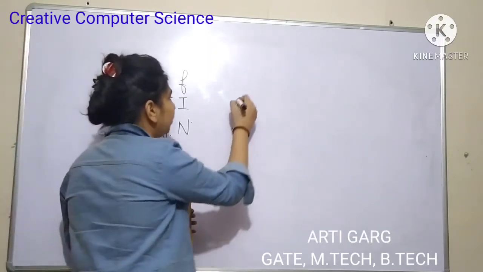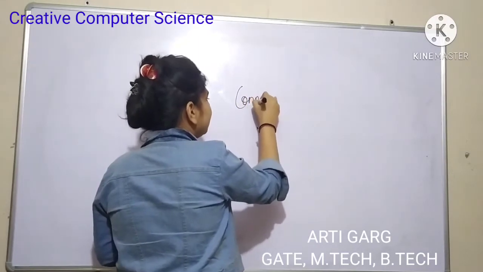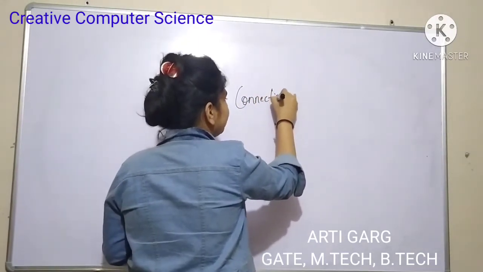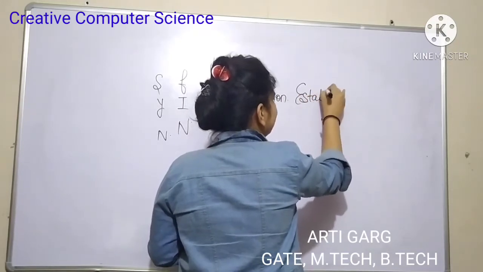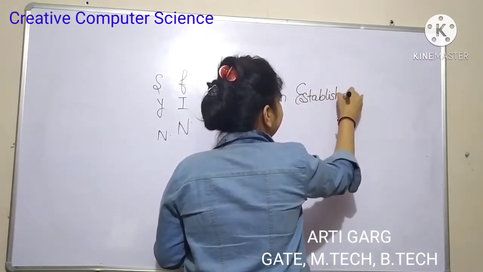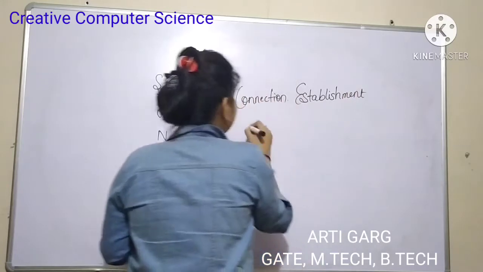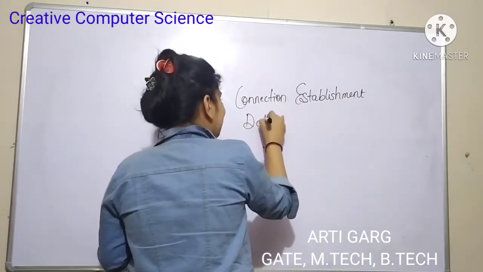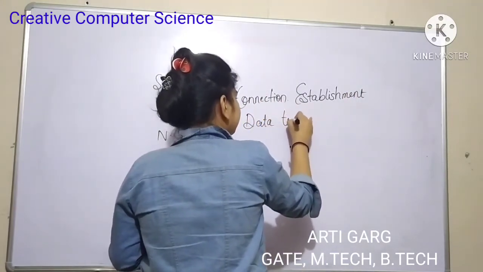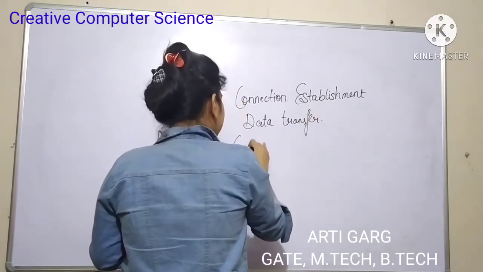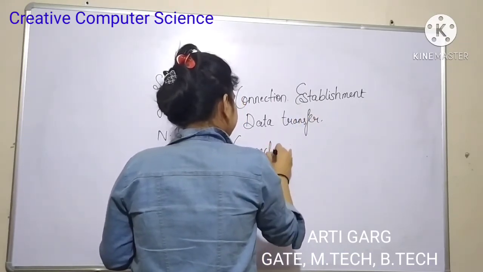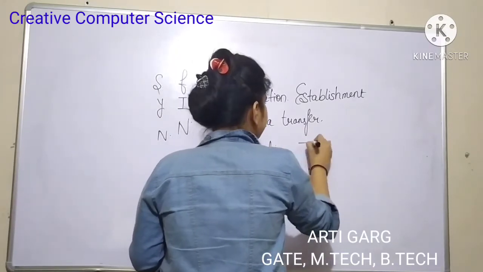We basically have three phases. First step is connection establishment. Second is data transfer. Third one is connection termination.